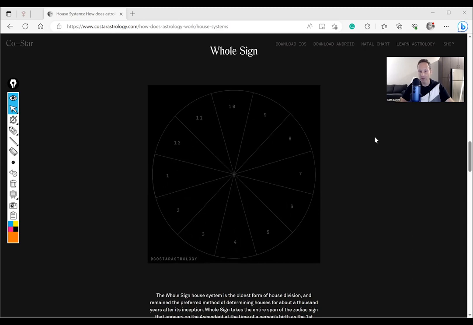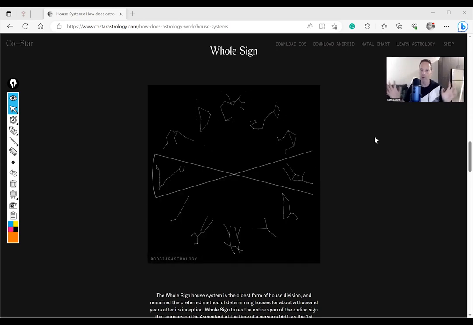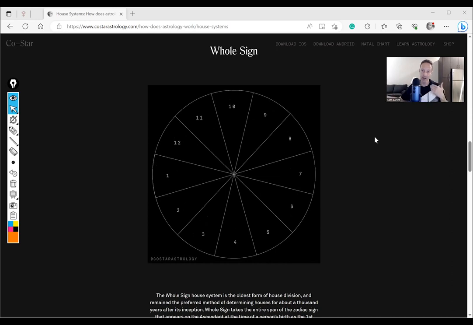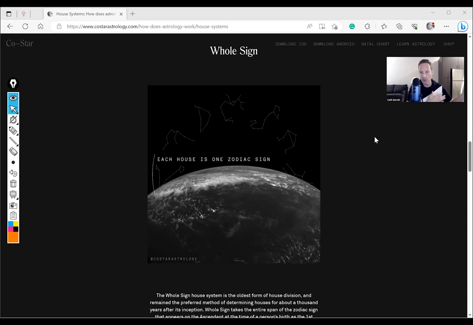So transits are, if you looked at your natal chart, the energies and the symbols that were in the sky at the time you took your first breath, transits compare the way the planets and symbols are situated now to your natal chart.